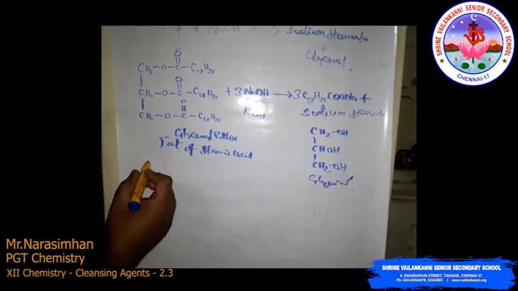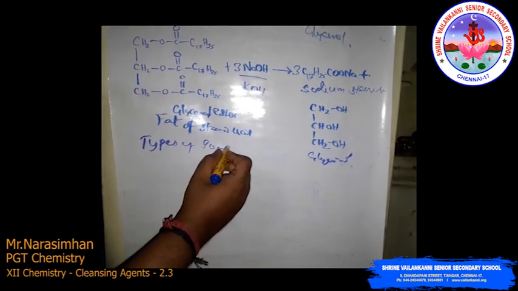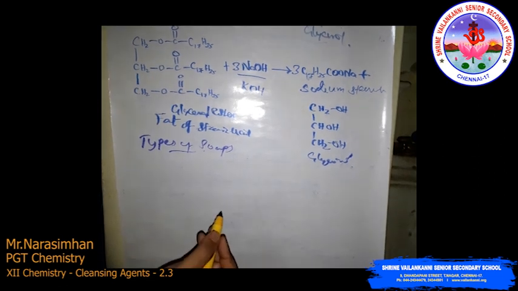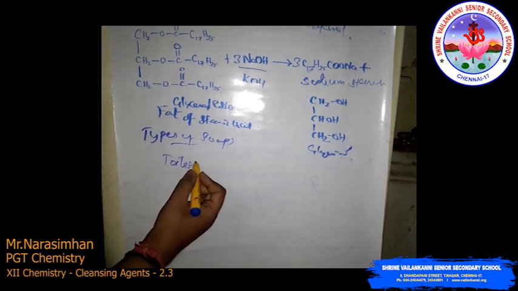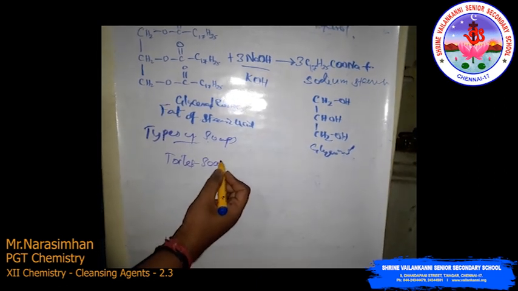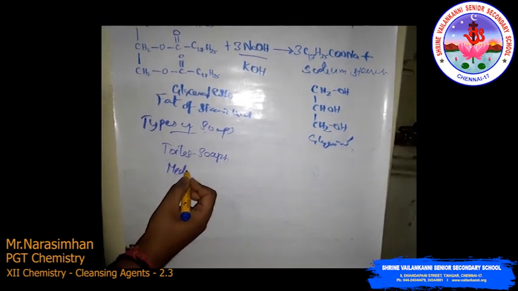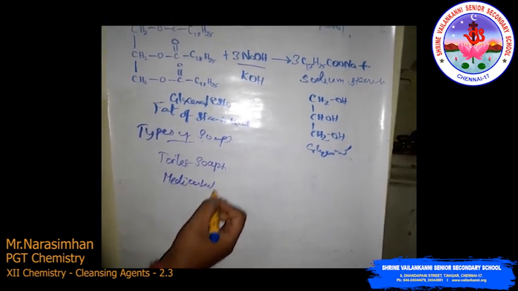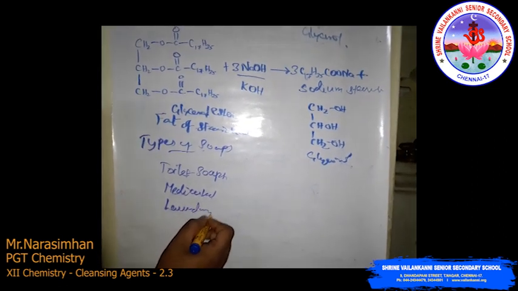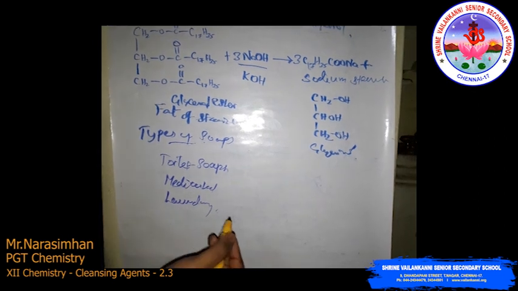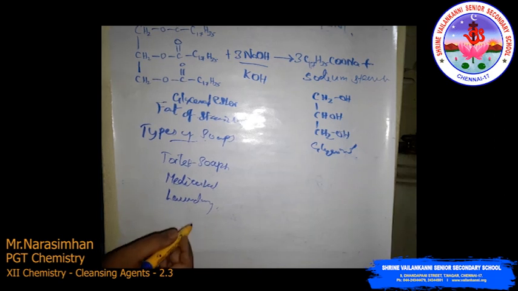Then the types of soap: toilet soaps first, then medicated soaps, then laundry soaps. These are the main types.